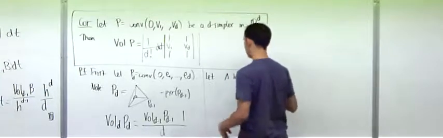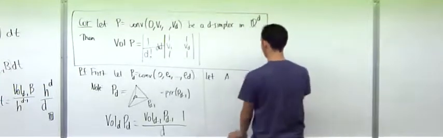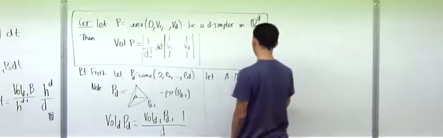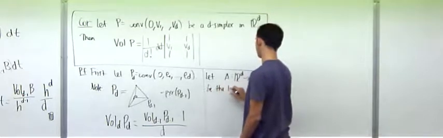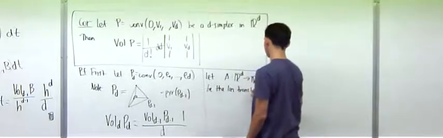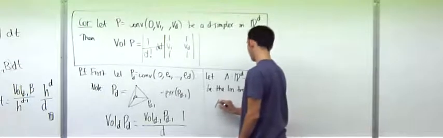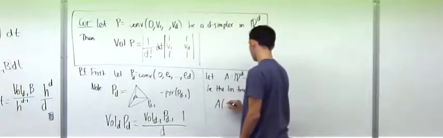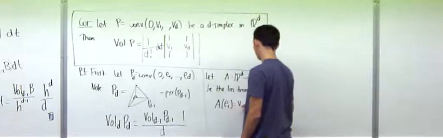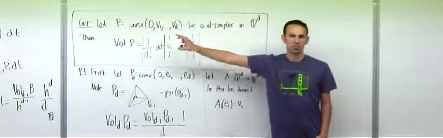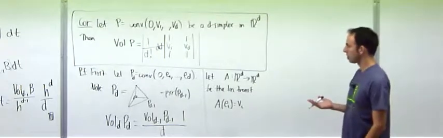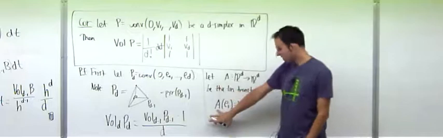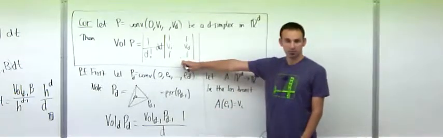Let A be the linear transformation, so A goes from R^d to R^d, that takes the ith unit vector to the ith vertex of this polytope. Of course, what this linear transformation does is it just multiplies by this matrix.